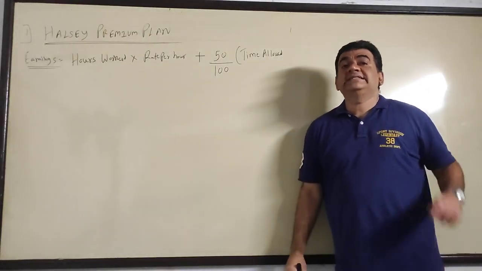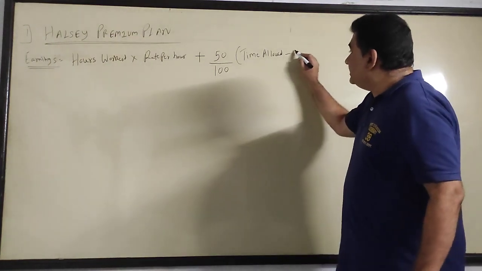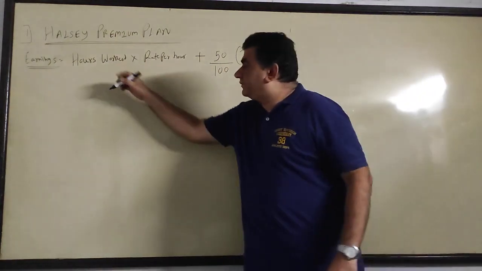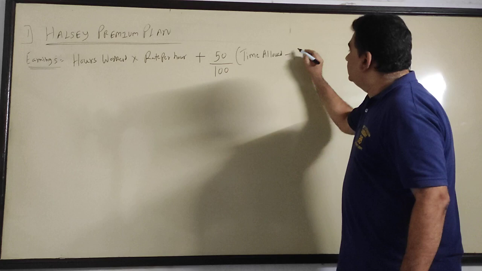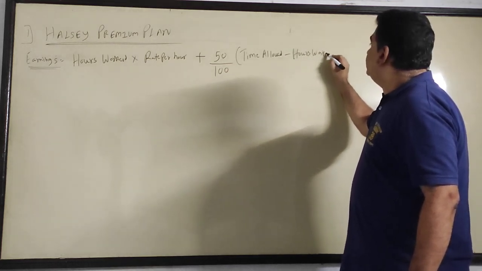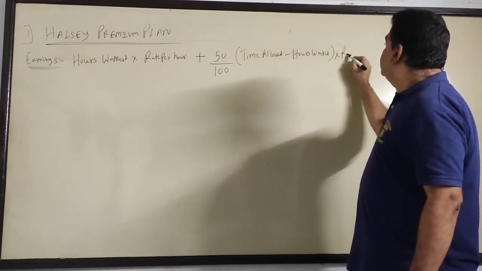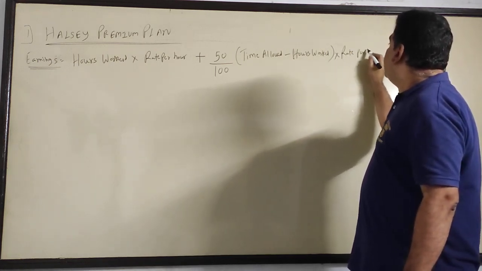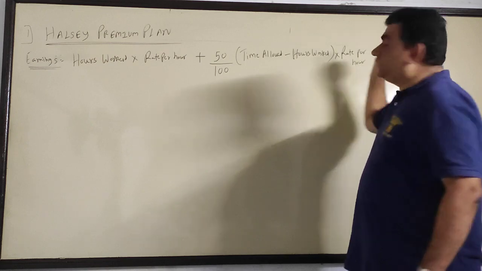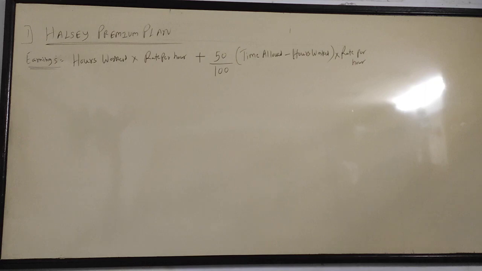Time allowed means the time that is given to him, minus hours worked, and this you will multiply by the rate per hour.